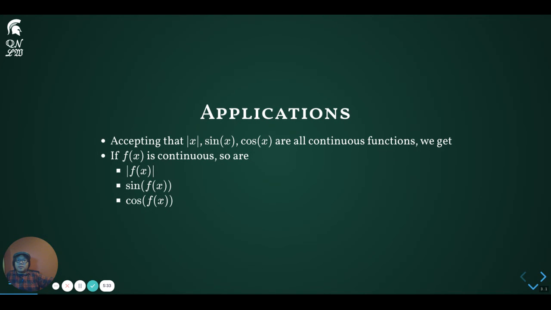The nice thing about this theorem is that it allows us to build more complicated continuous functions out of simpler parts. For example, let's accept for the time being that the absolute value function, the sine function, and the cosine function are all continuous functions on the entire real line. Then, for any continuous function f, we find that the absolute value of f, the sine of f, and the cosine of f are all also continuous functions.